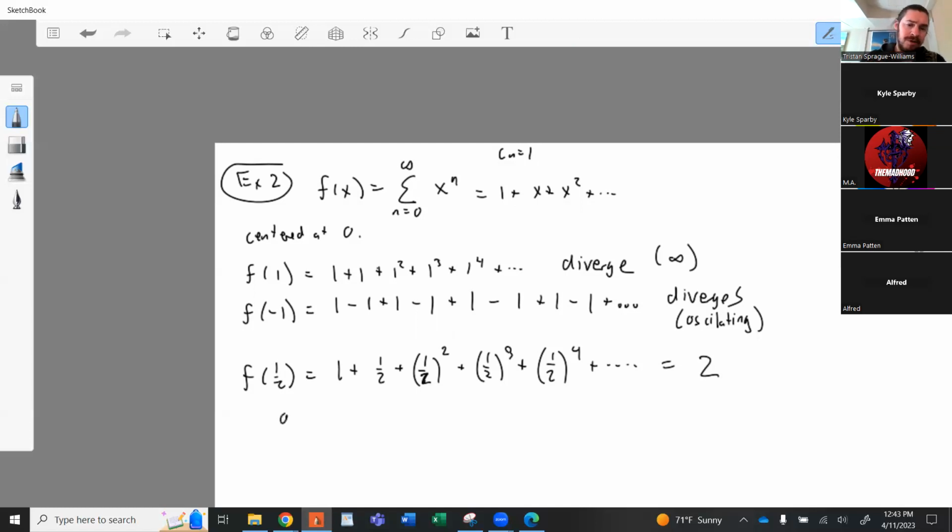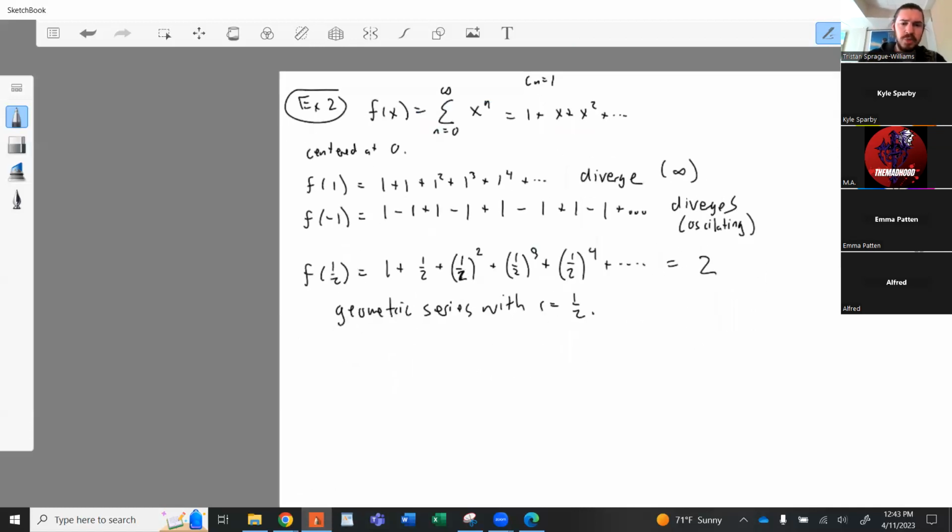That's just a geometric series with r equals a half. In fact, f of x is a geometric series with r equals x. So we should just be able to grab the rules for geometric series, apply that to x, and bam, that's the convergence of this function.